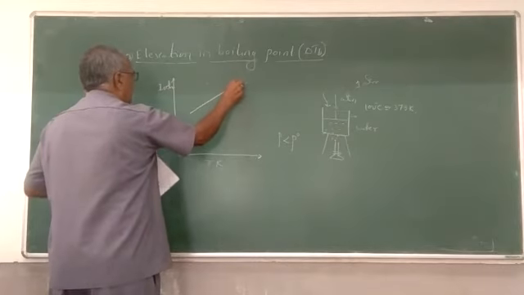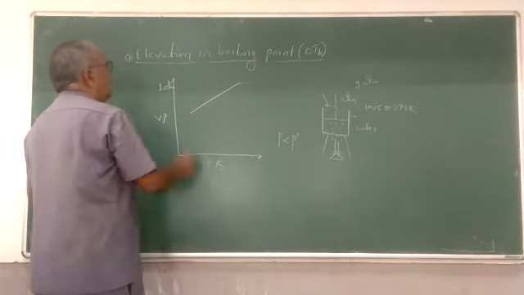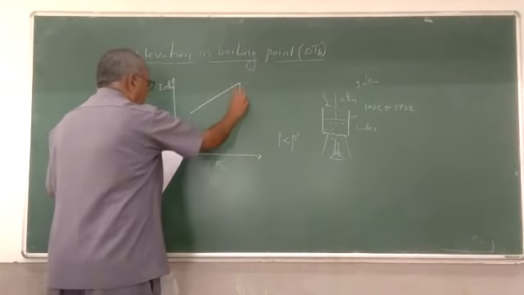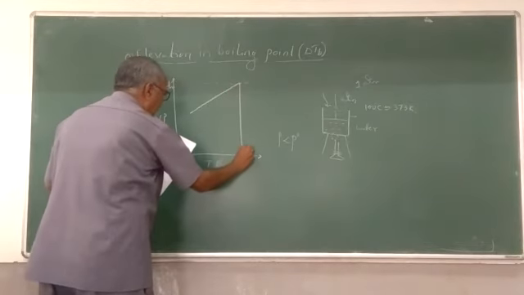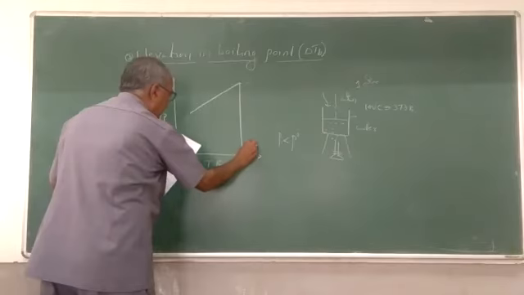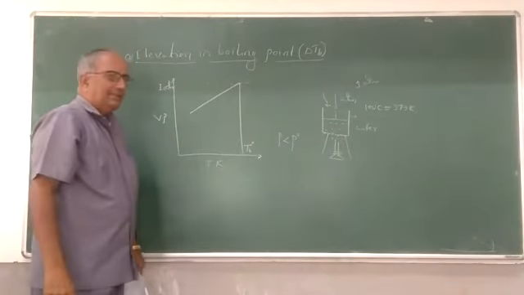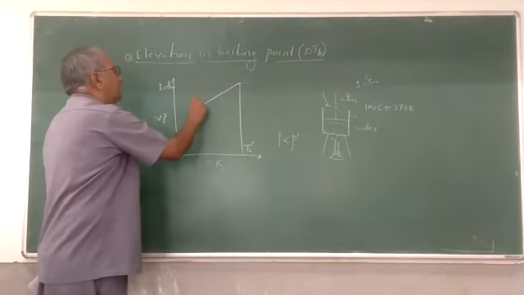When it reaches 1 atm, it boils, and this is called the boiling point of the solvent, denoted as TB naught. TB naught is the boiling point of the solvent.